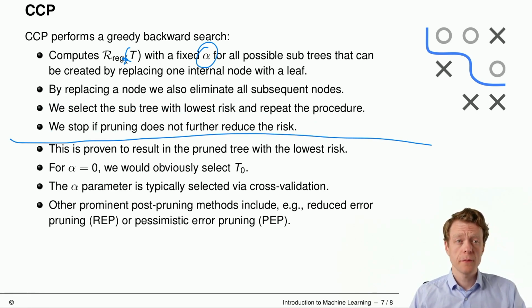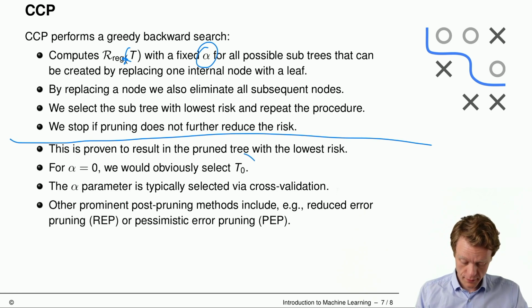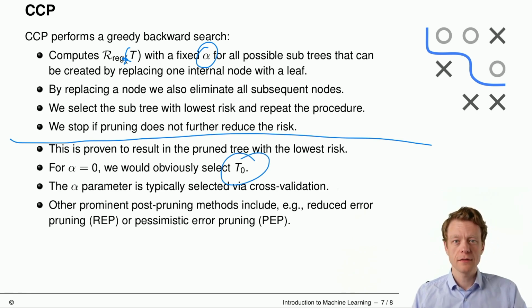There is a proof that this results in the pruned tree with the lowest risk, which is good news, because when doing greedy optimization, we could always end up in some local optimum. But in this case, with this algorithm, we get the global optimum, of course, conditioned on the starting tree, the complete tree T0.